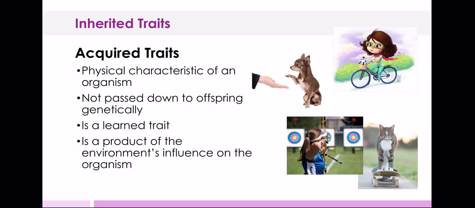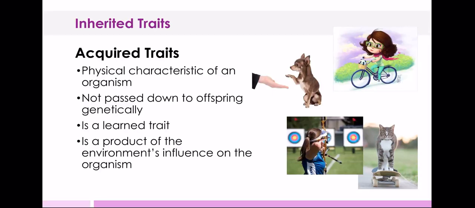Now, that's not to say that you may not inherit a trait that makes it easier for you to learn that skill, or you inherit certain traits that help you do a certain skill better, but you don't genetically inherit those traits. You have to learn them. An example would be being a good basketball player. You don't inherit that trait from your parents.